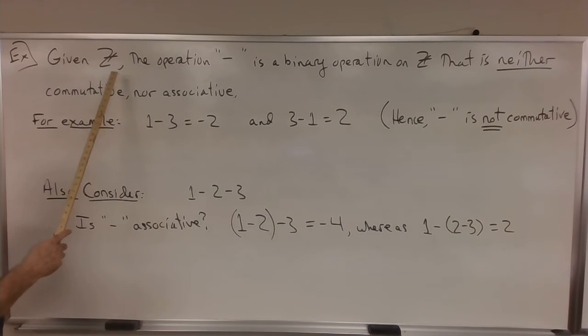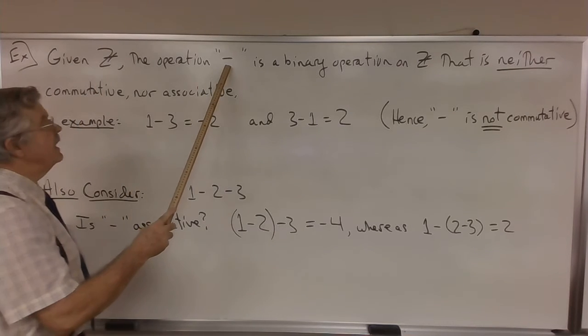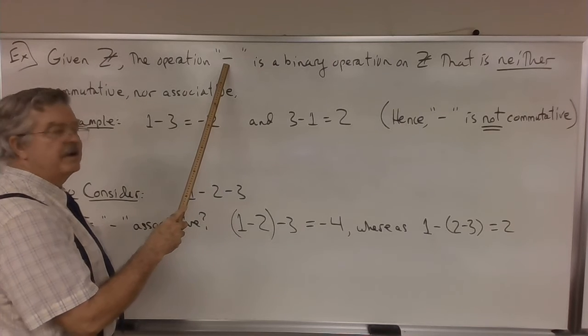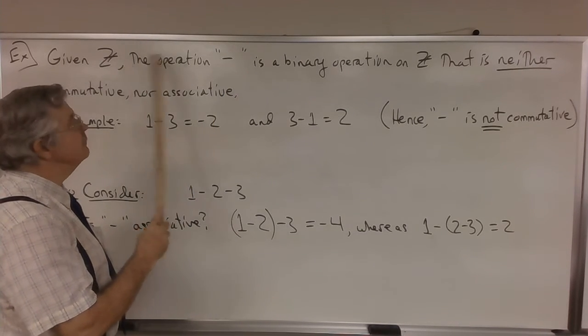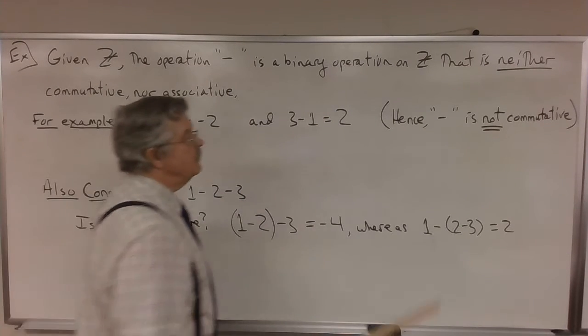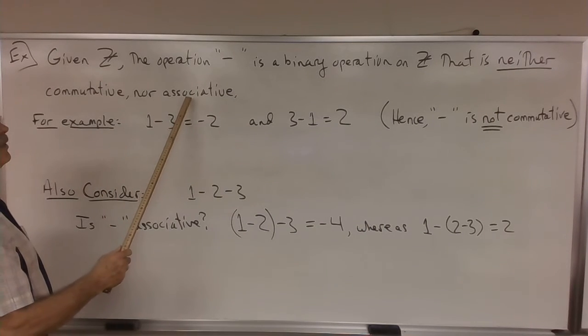Okay, this is an interesting example. We're looking at the set of integers, Z, and the binary operation of subtraction. We've already seen this operation on the integers and noted that it is a binary operation. But we claim that it is neither commutative nor associative.